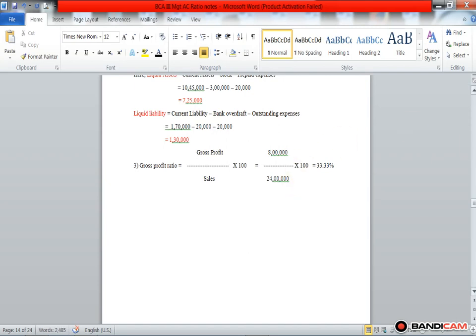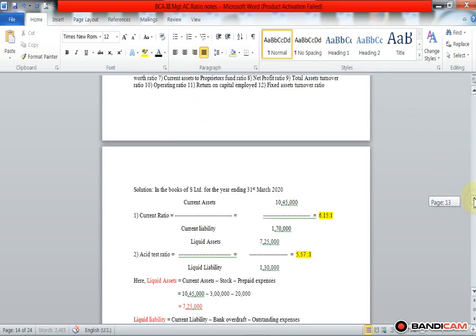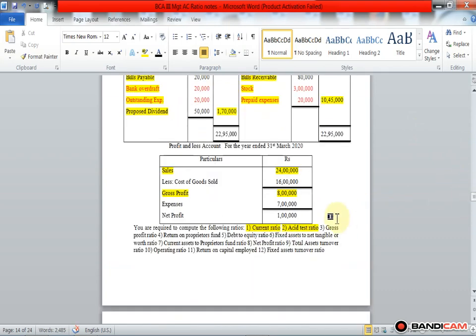Now we calculate another ratio. Here we have calculated three ratios: gross profit ratio, acid test ratio and current ratio. Now we are going to calculate the return on proprietors fund, the fourth ratio. It is very easy to calculate.